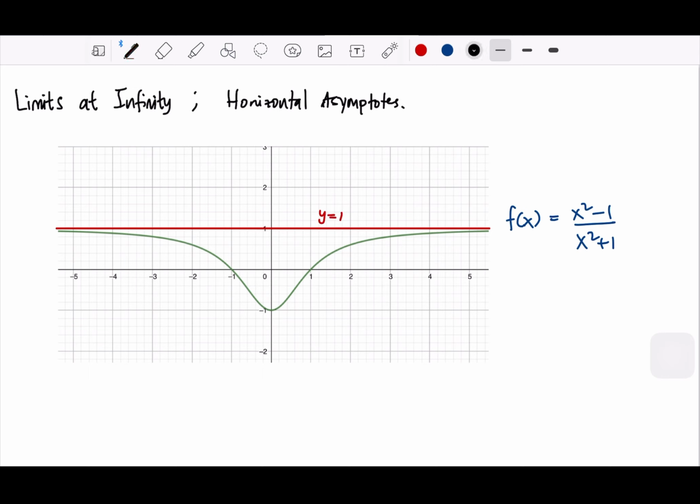Okay, so as x becomes large, f of x gets closer to 1, but it doesn't seem to be touching 1. It has some small distance.